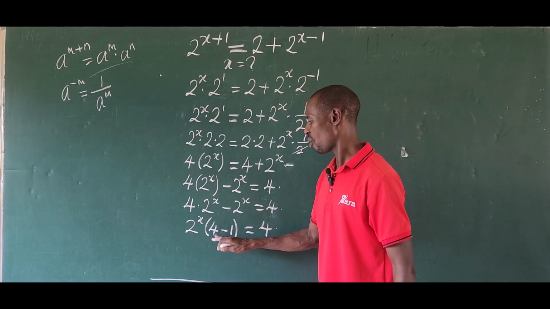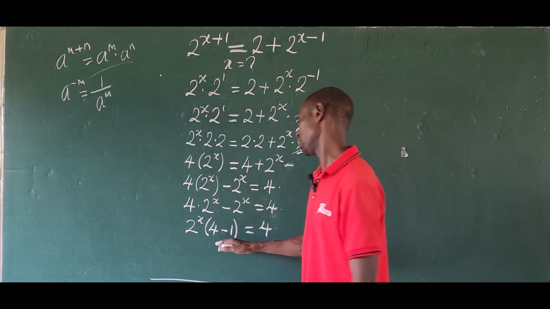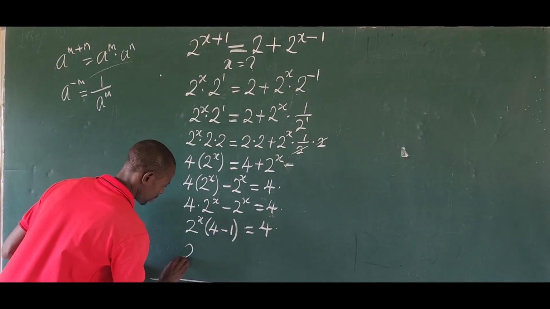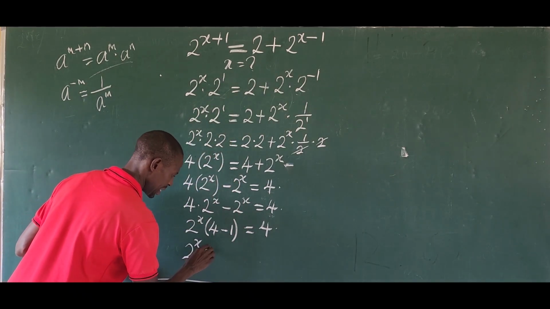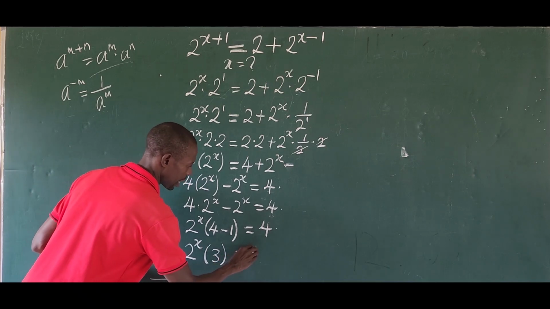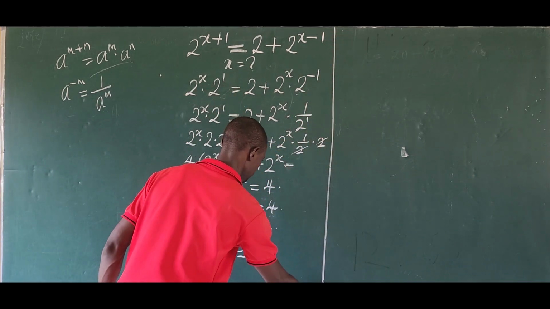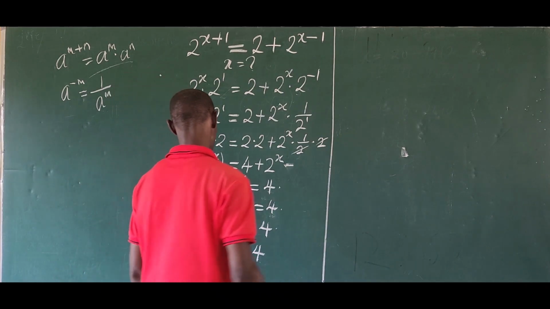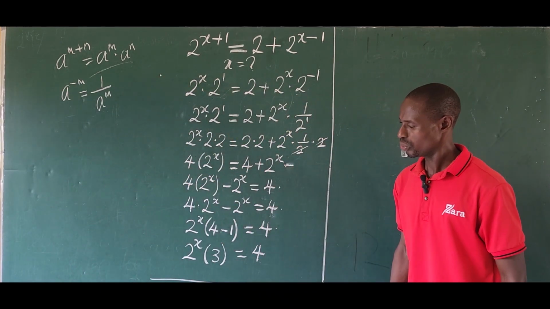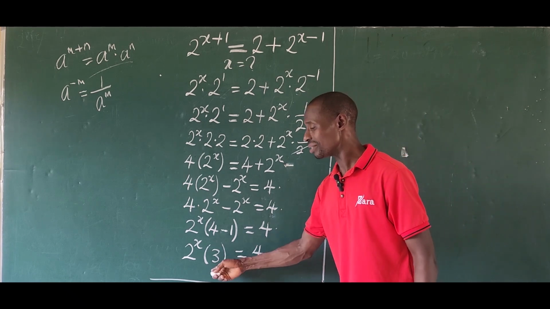Here we have 4 minus 1, right? So we can carry out our subtraction. If we do that, this gives us 2 to the power of x times 3 equal to 4. Let's continue on this side. Mind you, we are looking for x. So the best thing to do here is to eliminate this 3.